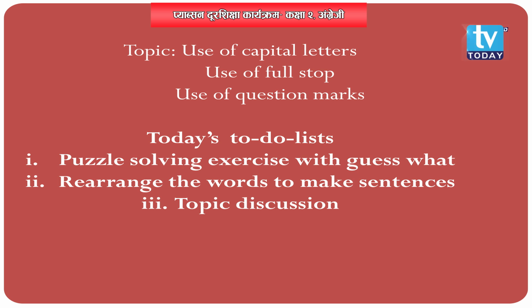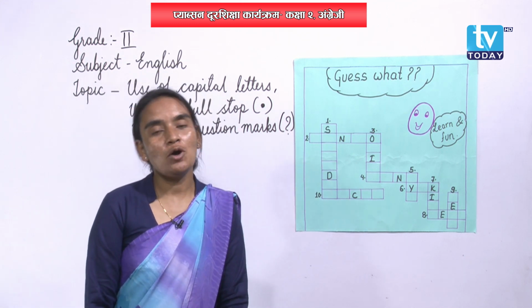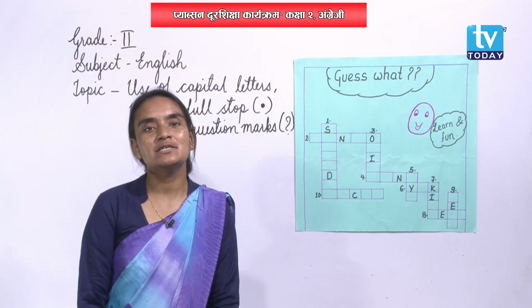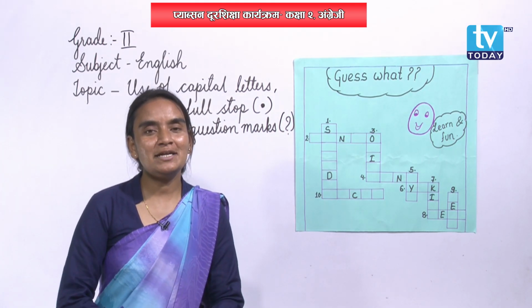Then, we'll be finding the major introduction of the use of capital letter, use of full stop in a sentence and use of question mark. So, if you are ready with all of your stationery materials, you have to note down the important instructions and important points. So, ready students?